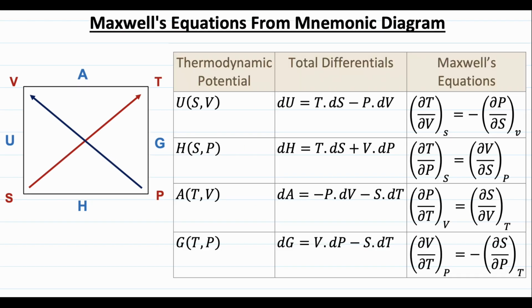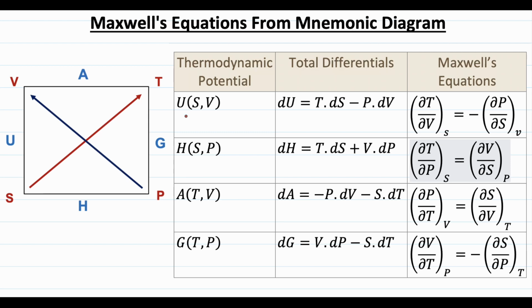The Maxwell's equations for all the four potentials are tabulated here along with their total differentials and their canonical variables. For internal energy, the canonical variables are entropy and volume, and the total differential is dU is equal to TdS minus PdV. The Maxwell's equation goes like this: small change in temperature with respect to small change in volume at constant entropy is equal to minus small change in pressure by small change in entropy at constant volume.